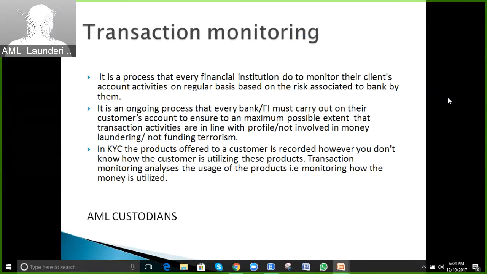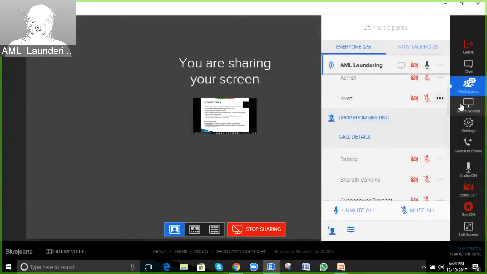The second point talks about it being an ongoing process where a financial institution must carry out checks on their customer accounts to ensure, to the maximum possible extent, that transactions are in line with their profile.